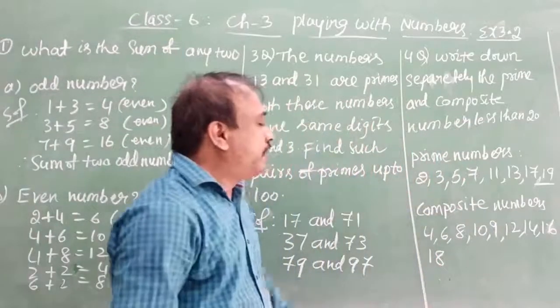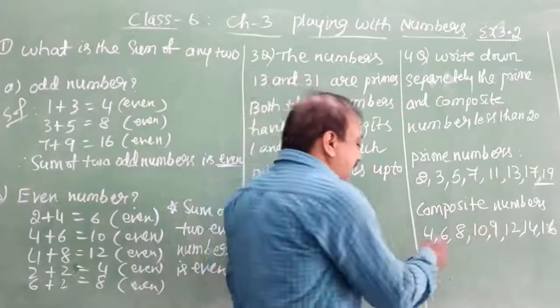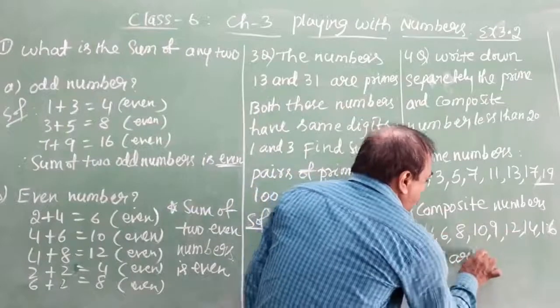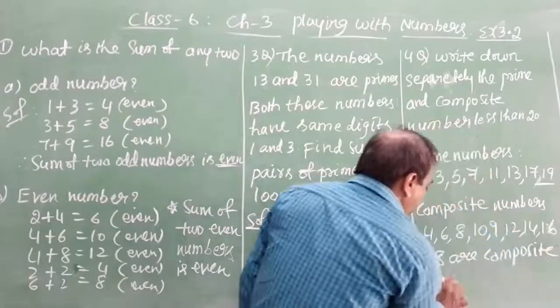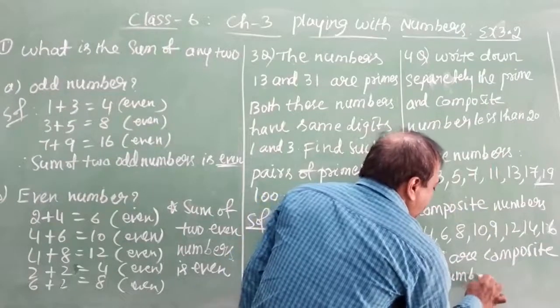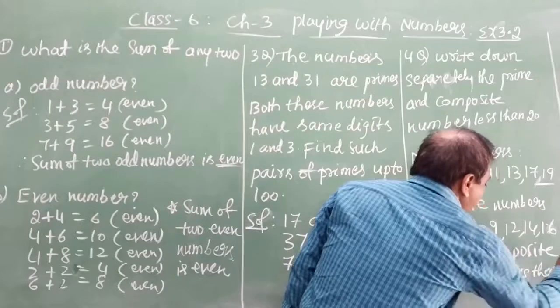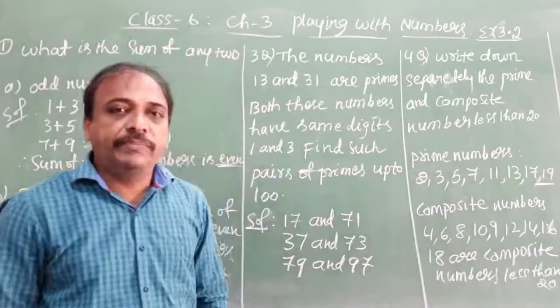These are all composite numbers less than 20, they have more than 2 factors. Is it clear?